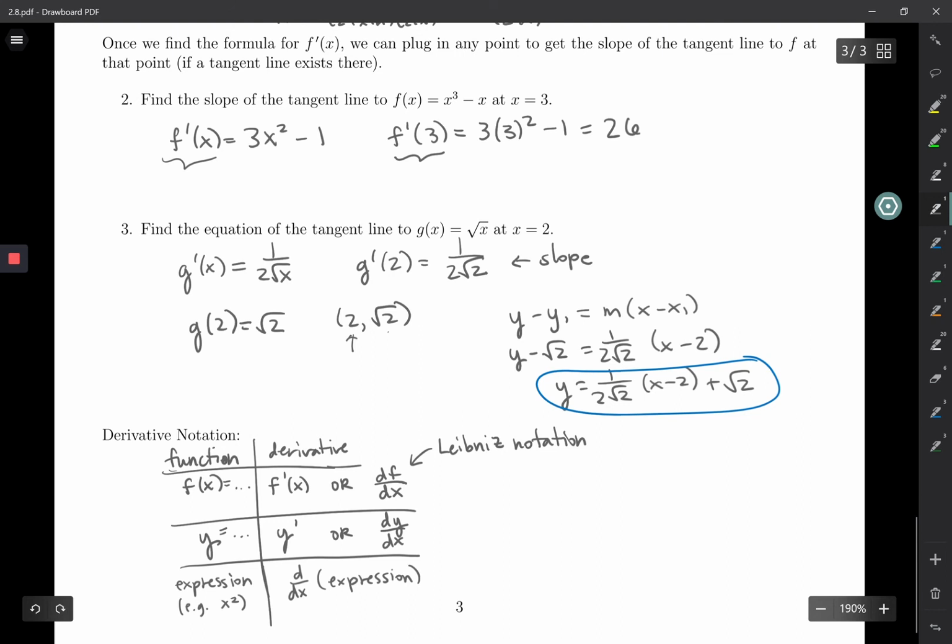Okay, and put it in parentheses as well so it's more clear. So d over dx of x squared equals something like this.